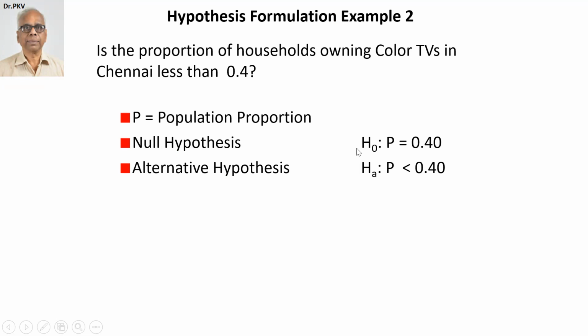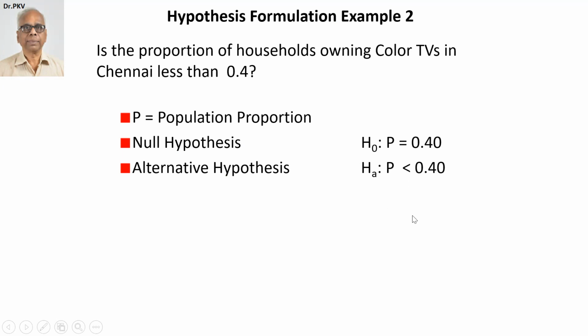Null hypothesis, status quo, H naught, P equal to 0.4. The alternative, we are testing less than 0.4. So HA, P less than 0.4. This is also a directional hypothesis, one tail test, which is the left tail test, which is left of the mean. And that mean proportion, P is equal to 0.4.